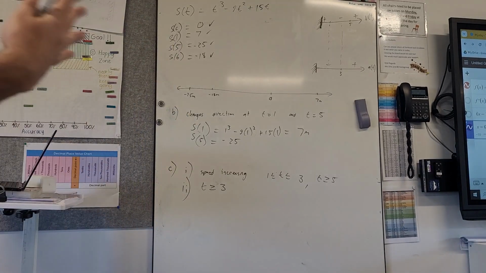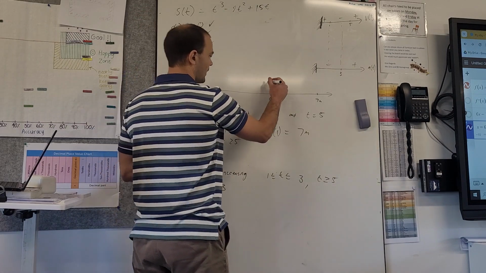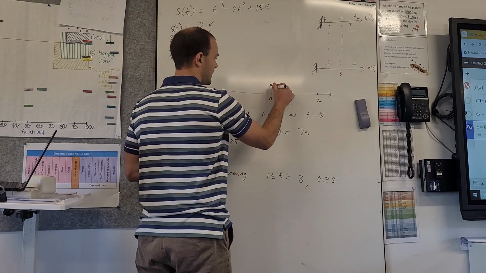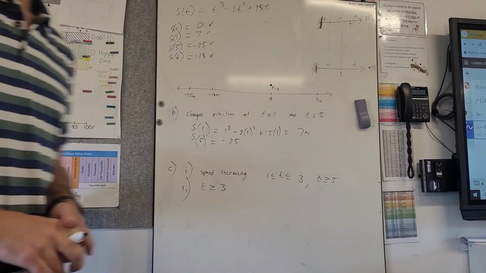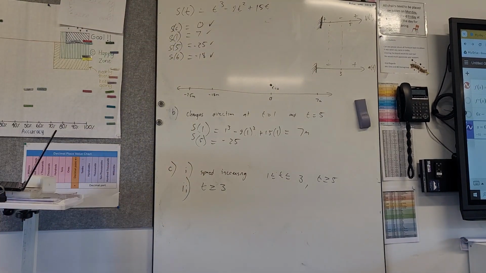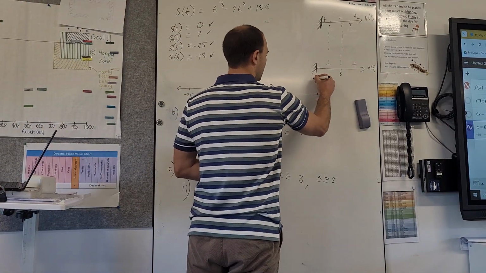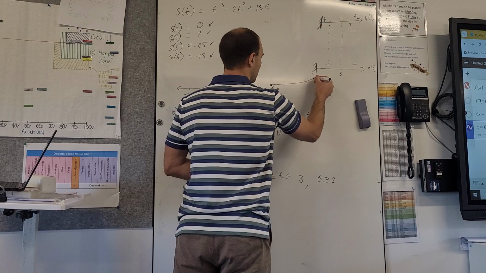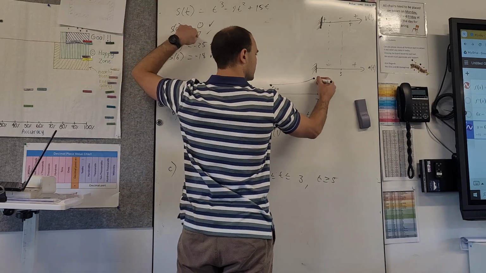So what's going on with this object? Let's sketch it and show you. Here is where it starts, when time is 0. Initially it's moving to the right, and after 1 second, when time is 1, its position is 7 meters.